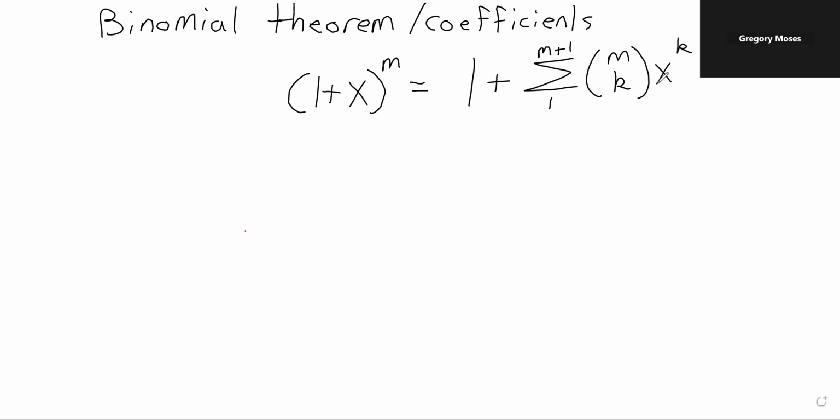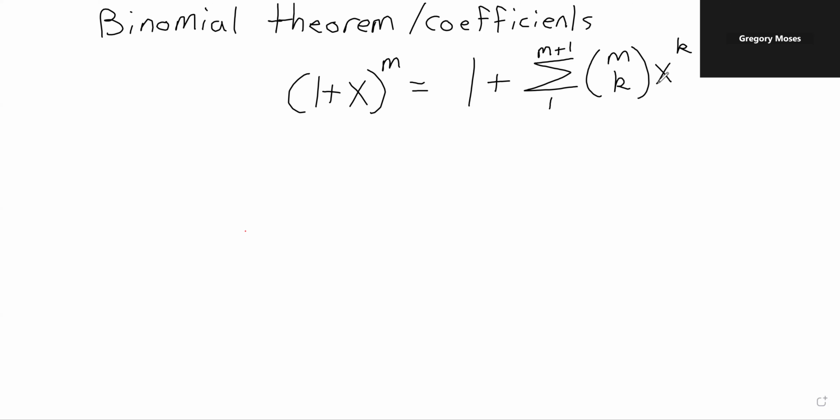This is a statement of the binomial theorem, and this notation, you by now might have taken some kind of probability course and seen this before. This is m choose k.